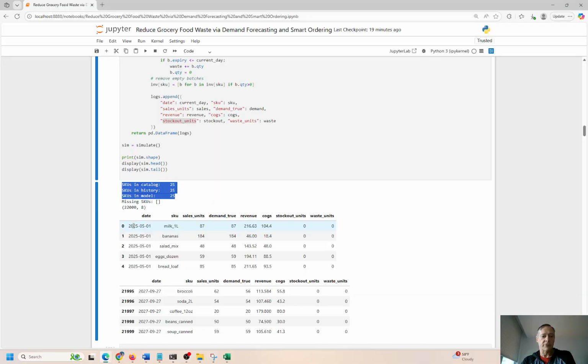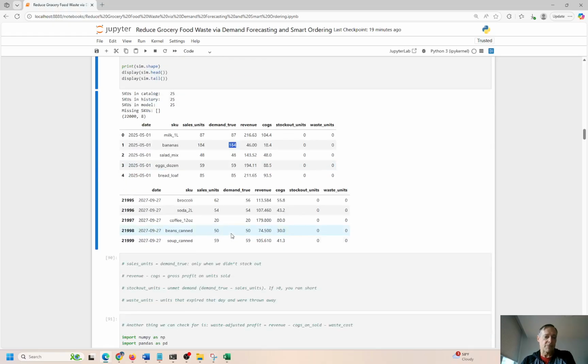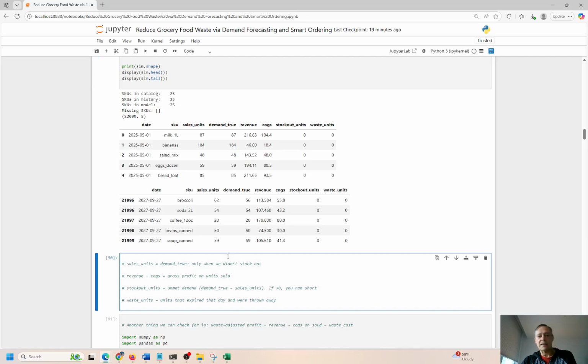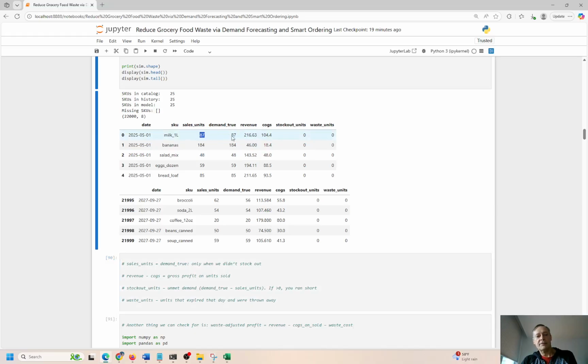This is what the data frame looks like right now. We have the dates, the SKU, these are the different items in the grocery store, sales units, okay, demand true. Usually these are going to match up, okay? The only time this is not going to match is if there's stockouts, right? So in this match, no stockouts, no stockouts, no stockouts.